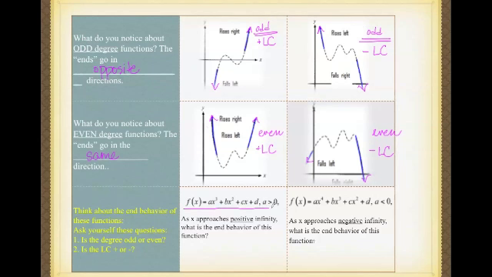Think about the end behaviors of these functions. So we're looking at this one, and you're going to ask yourself, is the degree even or odd? I'm looking here, this is a 3, so that's odd. And what about the lead coefficient? Here's my lead coefficient, and I'm told right here that the lead coefficient is greater than 0. So I know I'm going to be looking at something like this.